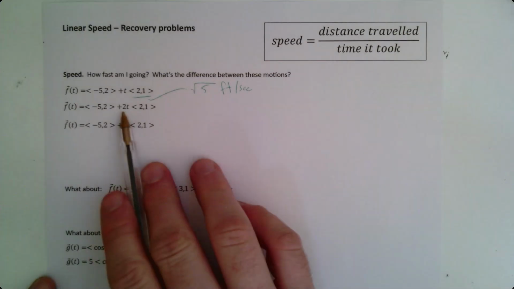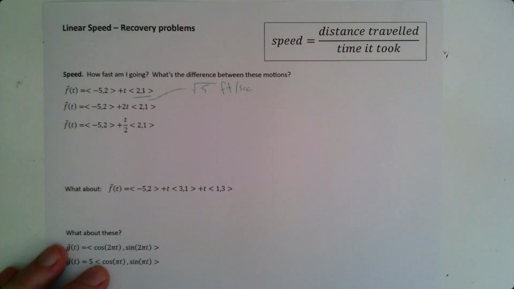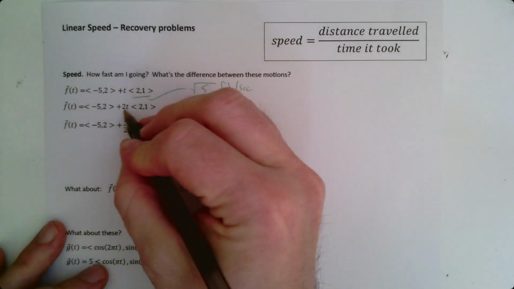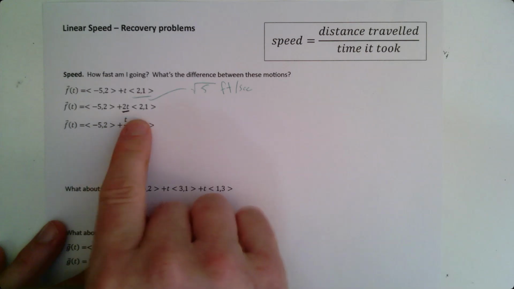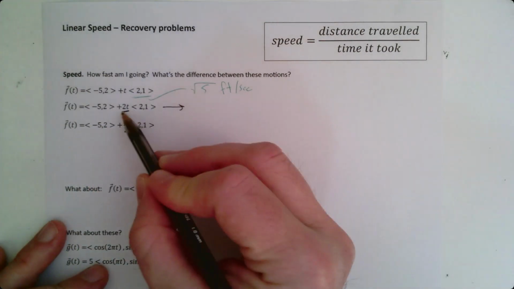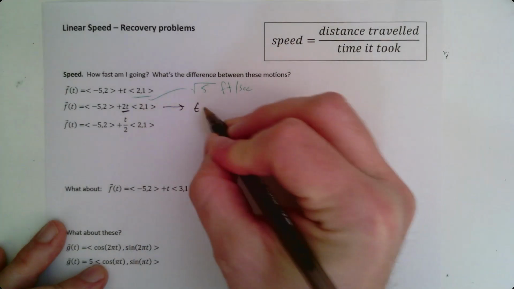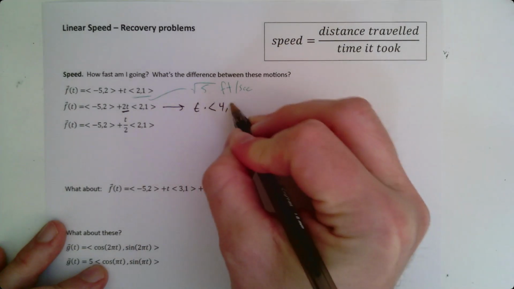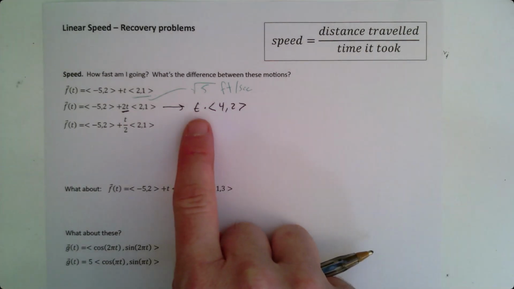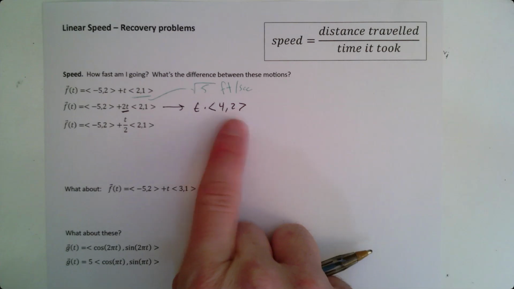Okay, so what happens if you add a 2 in front? There's two ways of thinking about this. Well, it's really just one way of thinking about it. It's really just this thing up here. But remember, adding a 2 multiplied in front of a vector scales it to be twice as long. So if I wanted to multiply the 2 in, this would be the same as 4, 2. And so now, by that same thinking, if time is 0, this vector's length 0.